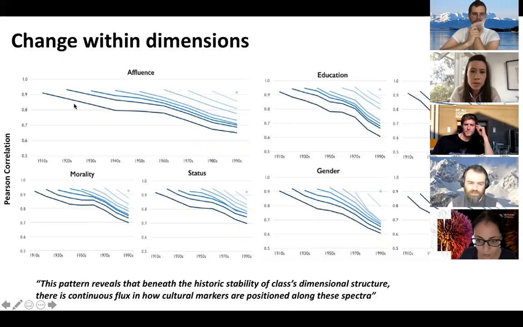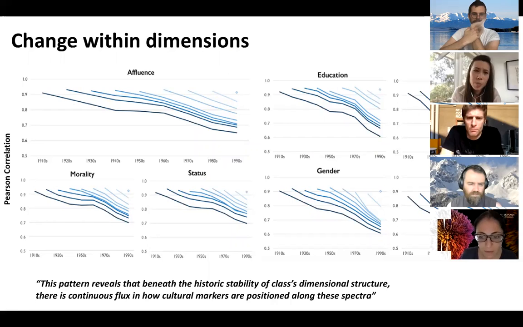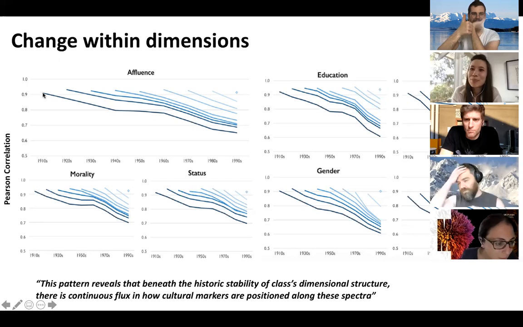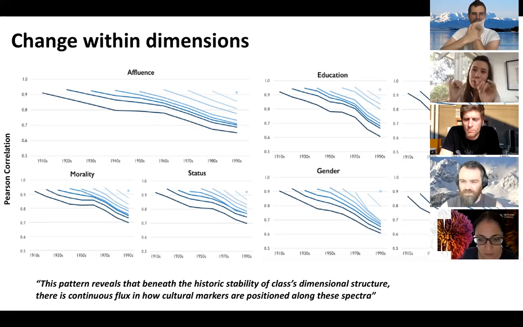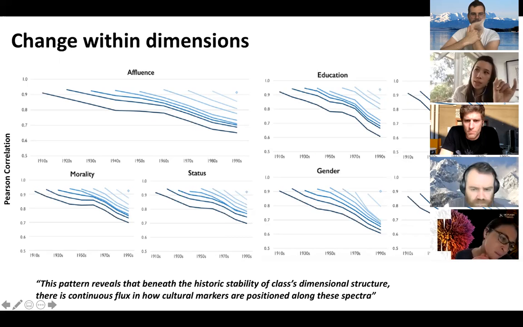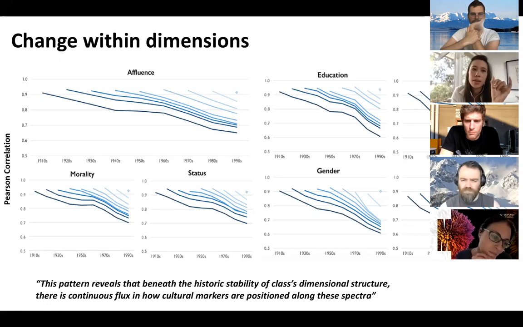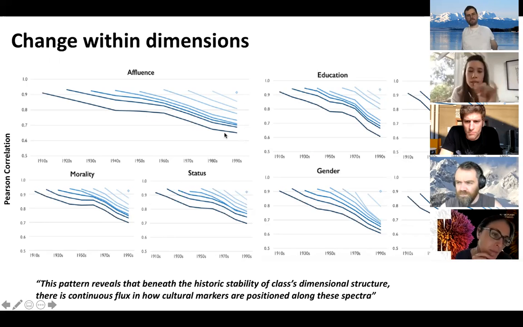So to explain these plots, because I found them fairly cryptic, what they're doing is they're taking the most common 50,000 words, and then the point on this line, I assume you can see my cursor, is representing the correlation between the word's projection onto the affluence dimension for the decade of 1900 and 1910, whereas the next point along the line is the correlation for 1900 to 1920, then 1900 to 1930, and so on, all the way to 1900 to the 1990s.